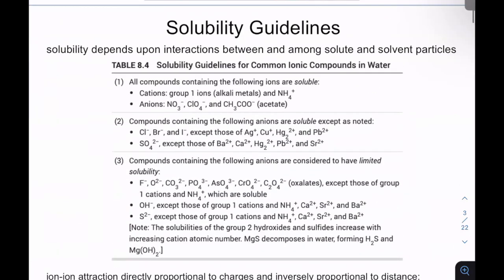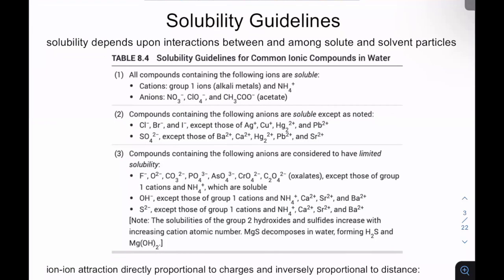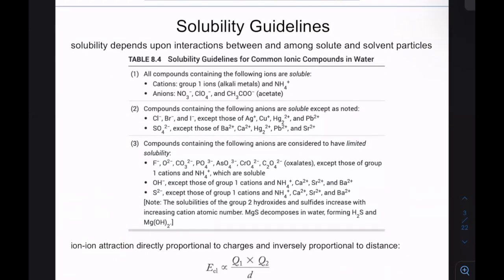But first, I want to orient you with this table from your textbook, the solubility guidelines. This is a table, it's just guidelines. These are not rules, okay? These are guidelines, not rules.